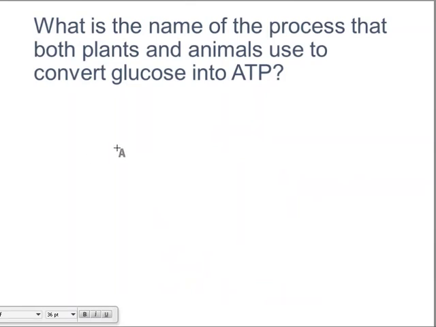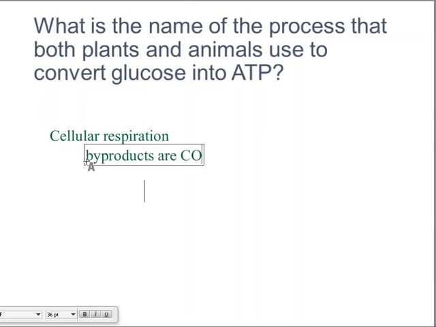So that's why glucose is so important when we talk about energy. The process that breaks down glucose is called cellular respiration. Okay, and so it sounds like you're saying the cell is breathing. It's not. Cellular respiration is called that because some of the byproducts of cellular respiration are carbon dioxide and water vapor.